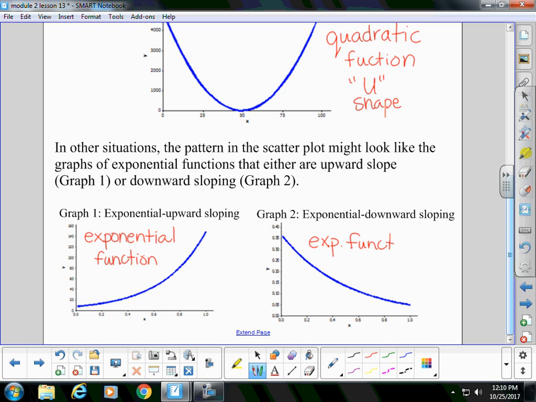You'll notice this one is curved up, and this one is curved down. Those are exponential functions, and the other one, the U curve, is called a quadratic function.